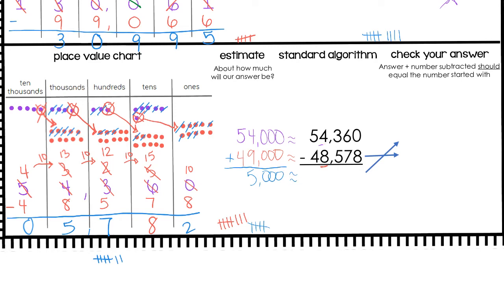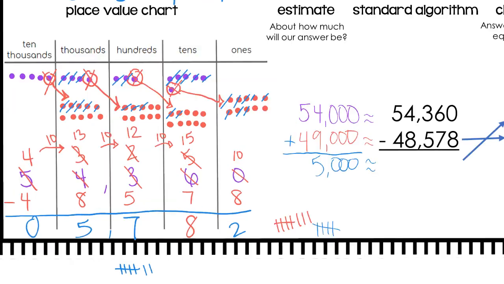Now over here, we're going to be using our standard algorithm. When we subtract, we always start in the ones. 0 minus 8. I can't do it, man. I'm going to be regrouping again. So I'm going to draw my lines so we can keep these nice and orderly.